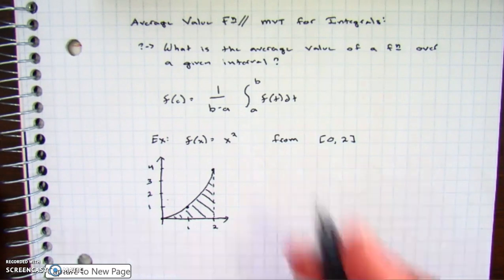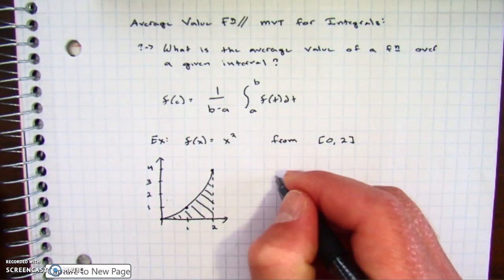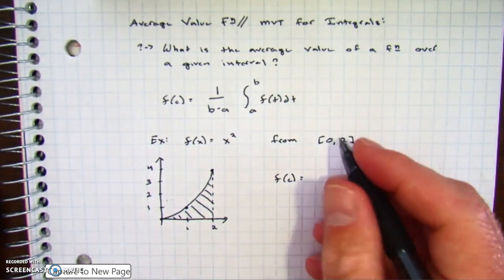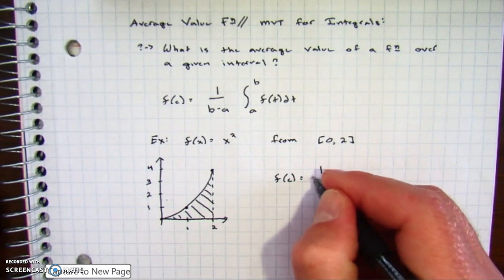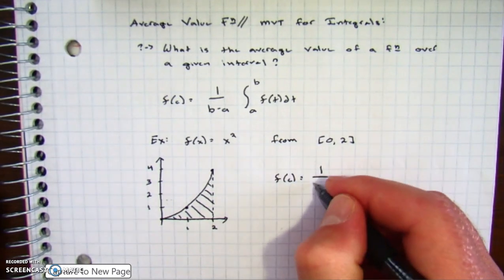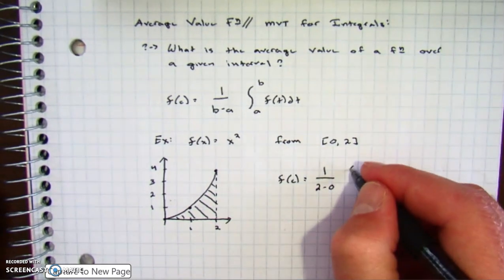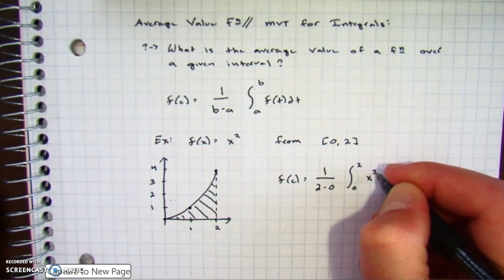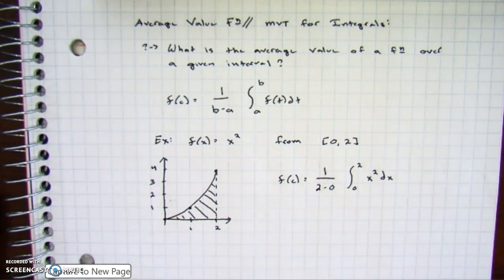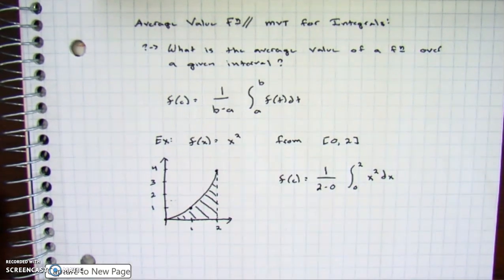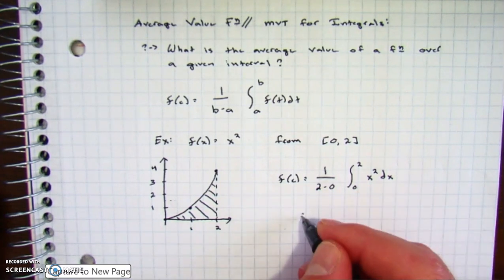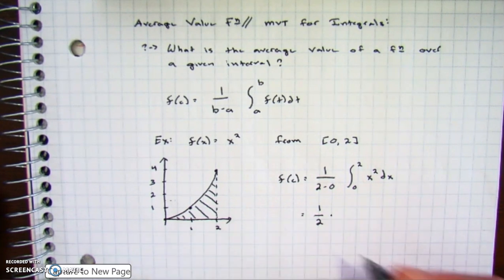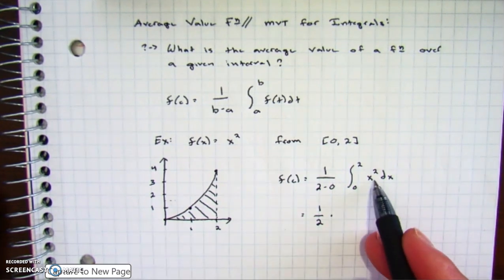Okay, let's use this equation. I know that f of c, going from 0 to 2, is going to equal 1 over 2 minus 0 times the integral from 0 to 2 of x squared dx. 1 over 2 minus 0 is just 1/2 times... Now we have to figure out the integral.